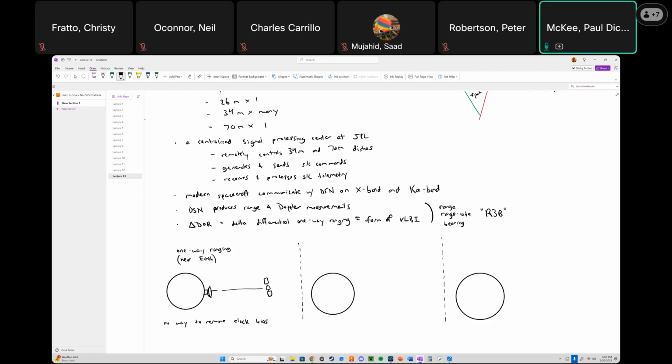Near Earth, generally we do two-way ranging, especially for Jupiter and beyond. In this case, we've got our ground station, and we send a signal up to the spacecraft, and then the spacecraft sends a signal back down to the Earth.